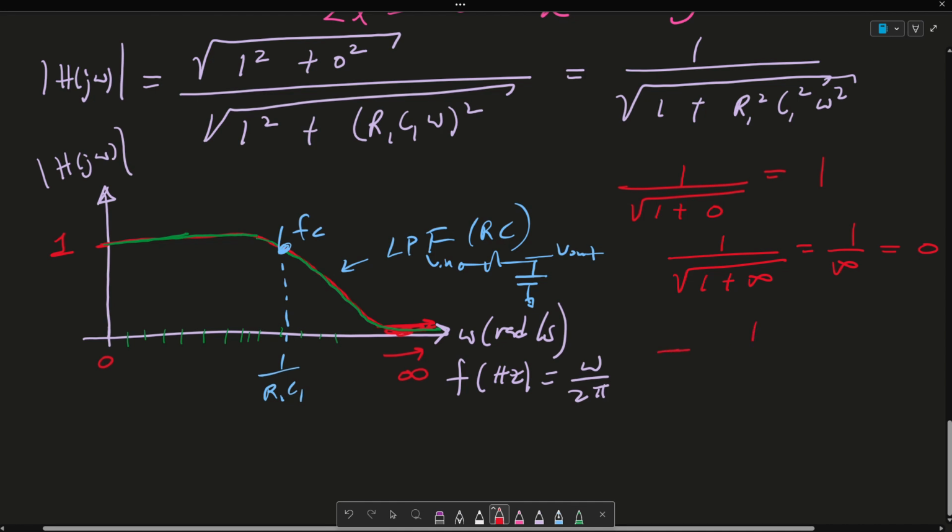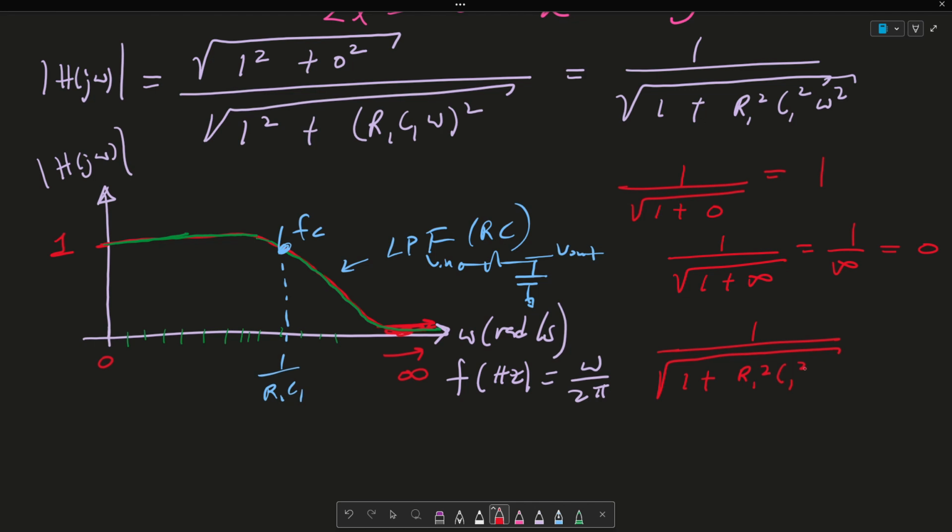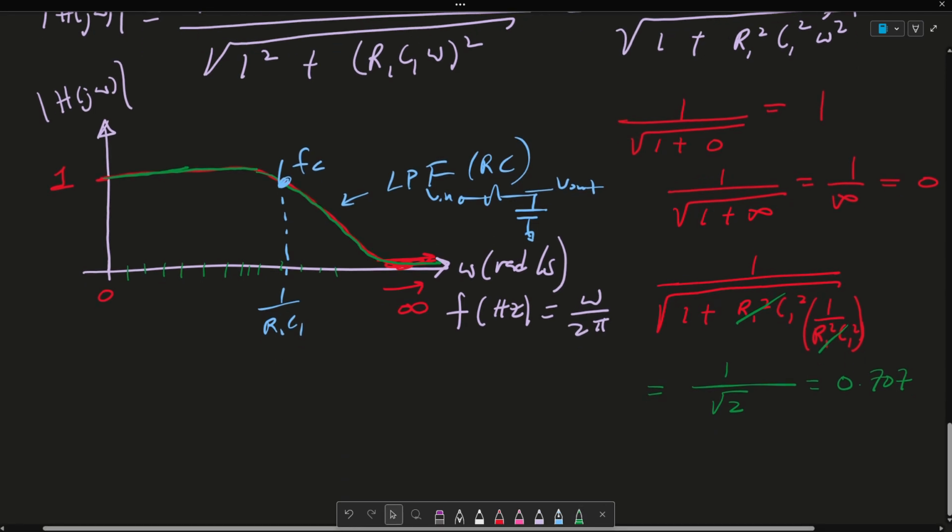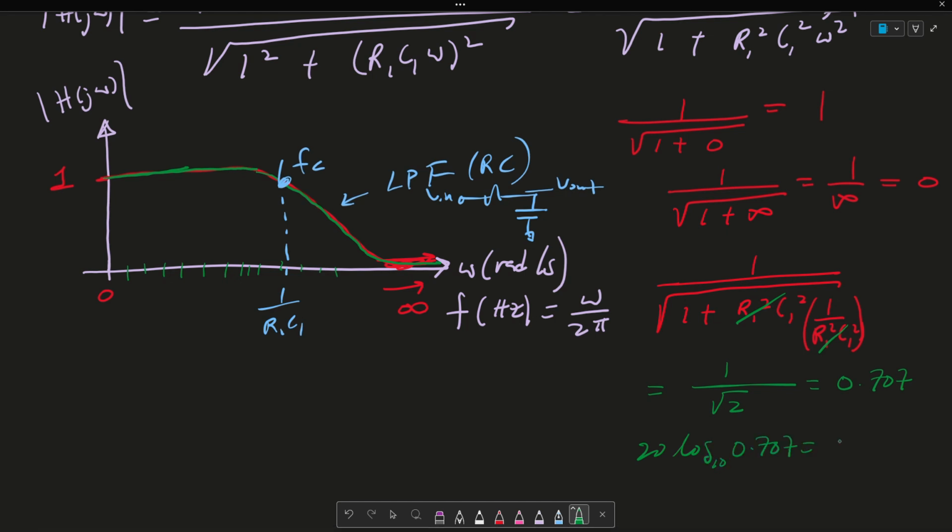So I get 1 over the square root of 1 plus R1 squared C1 squared times 1 over R1 squared C1 squared. As you can see, this becomes 1. So then I'm left with 1 over the square root of 2. This becomes 0.707. And again, if you wanted to talk about it in terms of dB, you get 20 log 10 of 0.707, which is minus 3 dB.